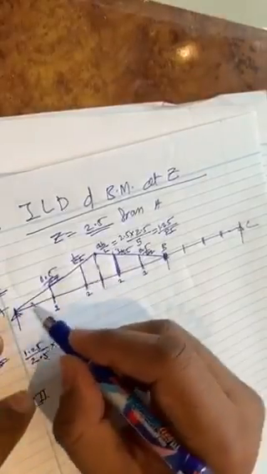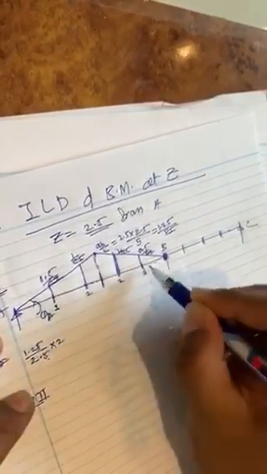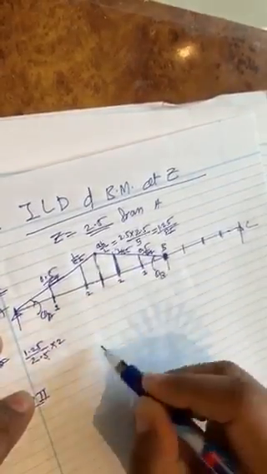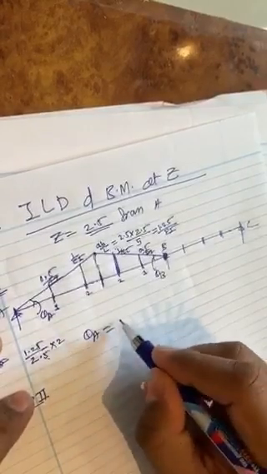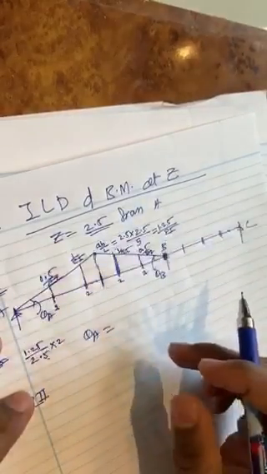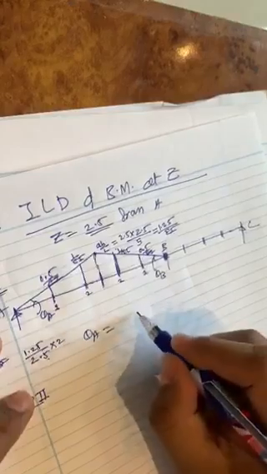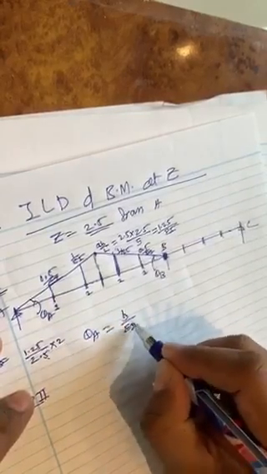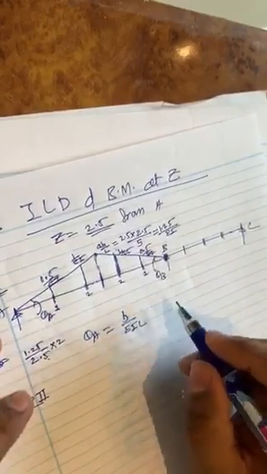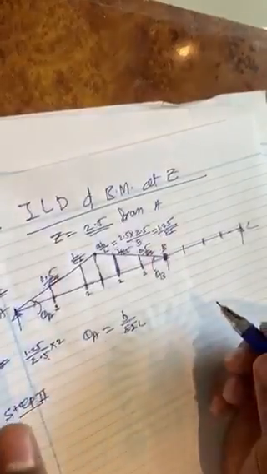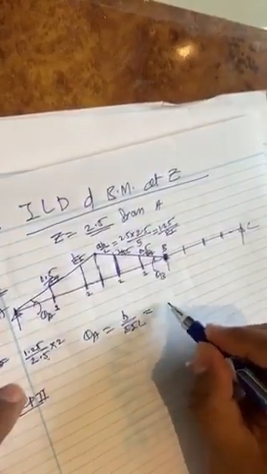So that way, if this is theta A and this is theta B, then theta A will be like the opposite of that. So it will be B by EIL, and you will see that this is going anti-clockwise, so that's why it is positive.